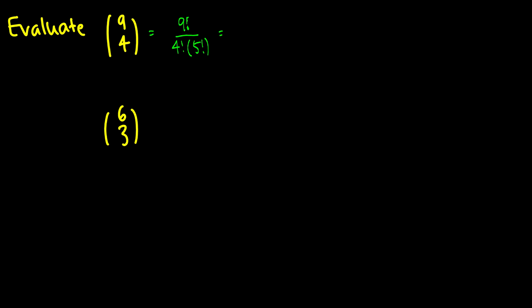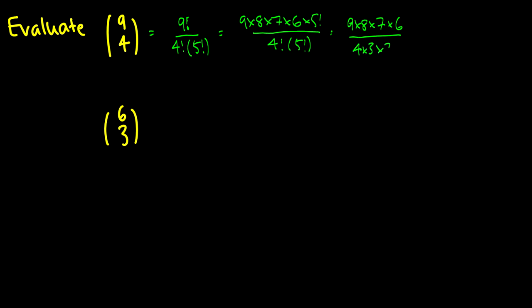So what we have here is 9 times 8 times 7 times 6 times 5 factorial over 4 factorial times 5 factorial. You always want to cancel the largest factorial, so that way you're doing the least amount of computational work. So then we're going to get 9 times 7 times 8 times 6 over 4 times 3 times 2 times 1. Now we can simplify things.